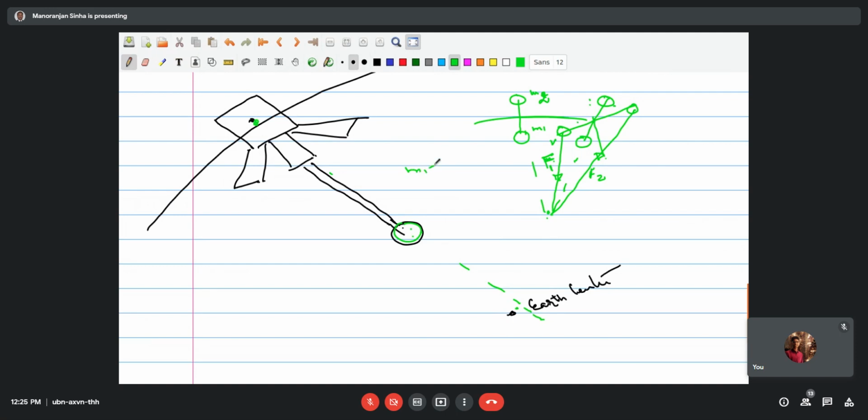Assuming both masses are the same, this force will be greater than this force, so F1 magnitude is greater than F2 magnitude. Therefore this will produce a torque in this direction. If it gets disturbed, it will have a tendency to return back to this position. Therefore this is called gravity gradient stabilized. So this is a stable configuration.